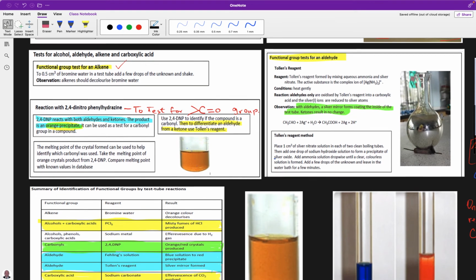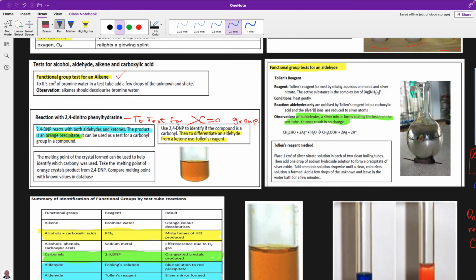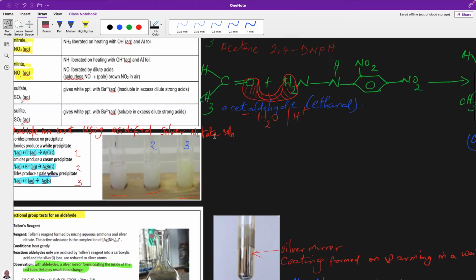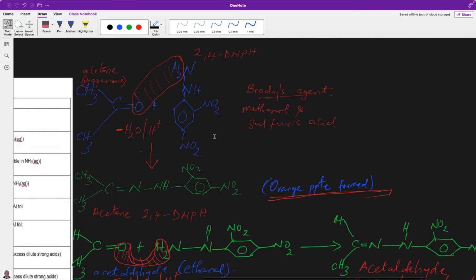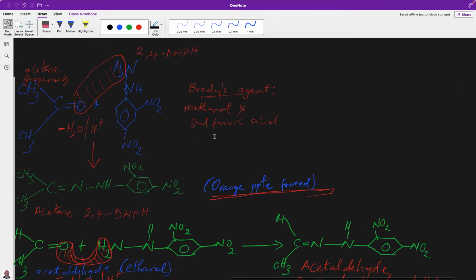But before that, the reactions that occur for the aldehydes and the ketones are like this. Take for instance acetone, or propanone, reacting with 2,4-dinitrophenylhydrazine. What is the product? I told you the carbon double bond O is a strong polar bond.